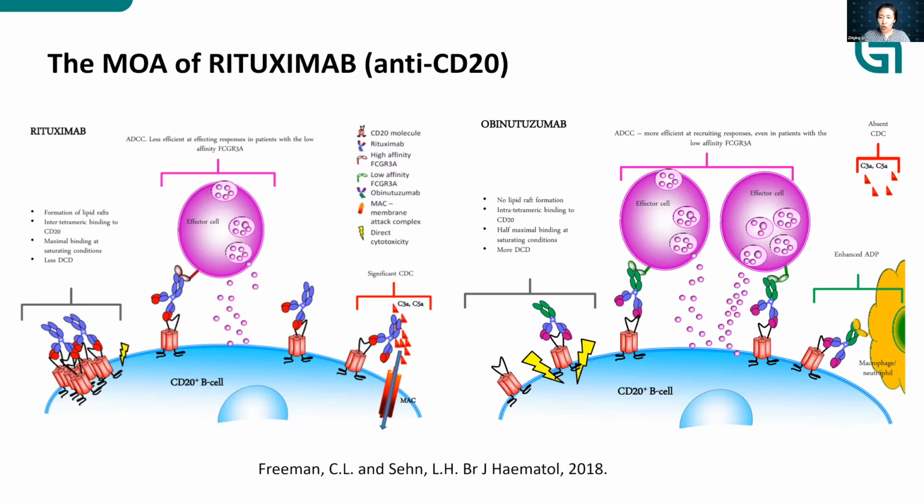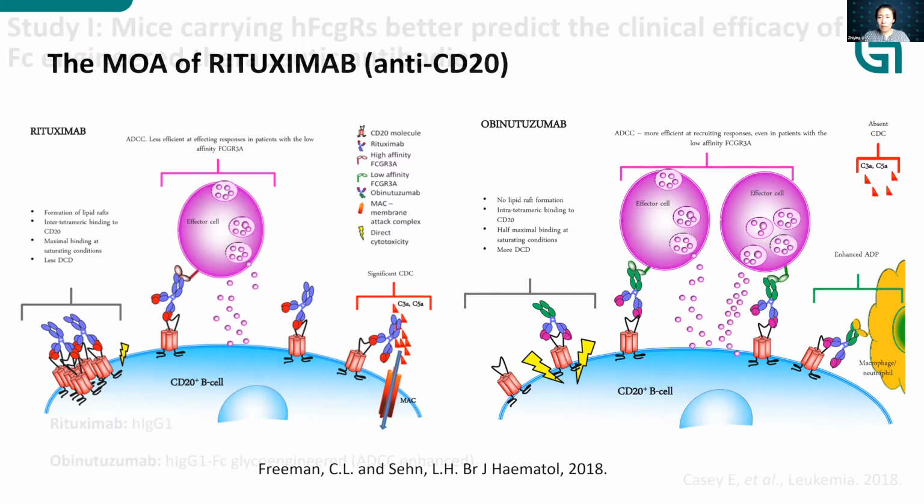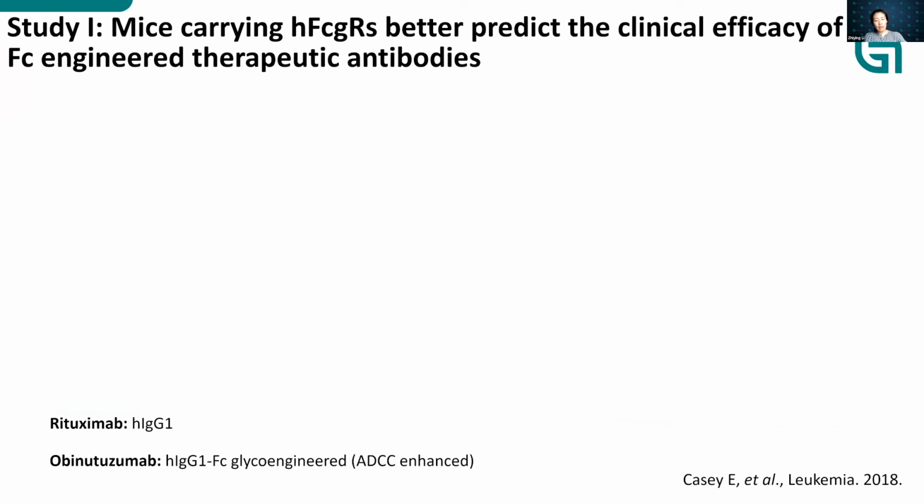So this is all good, and there has been a very clever study to really demonstrate it is the enhancement of the obinutuzumab Fc portion that engaged the effector cell and then enhanced the ADCC effect on the tumor cell.